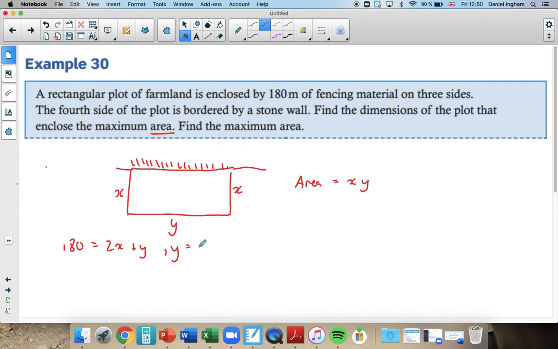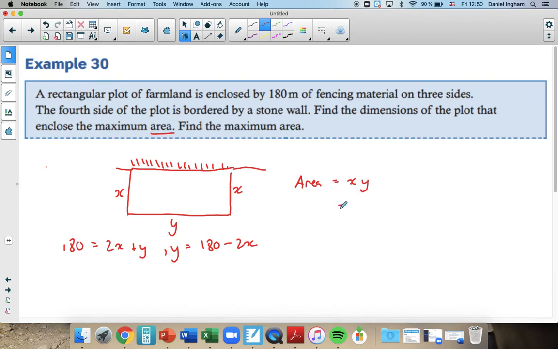So y is 180 minus 2x. And this is a fairly standard sort of setup to a problem like this. So it is worth learning how to do this. You probably would have come across it in IGCSE as well.